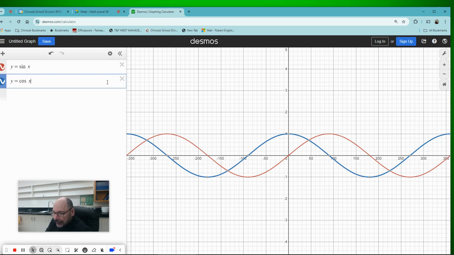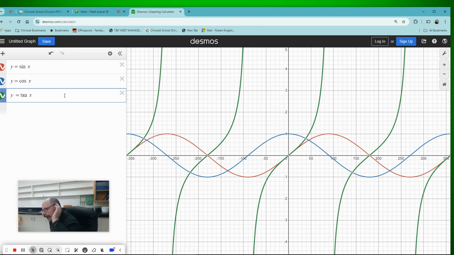Okay, and of course the tangent graph, the weird one. Now you'll see this one has not 2 periods, 4 periods. These two are a half period there and a half period there, and then 1, 2, 3.